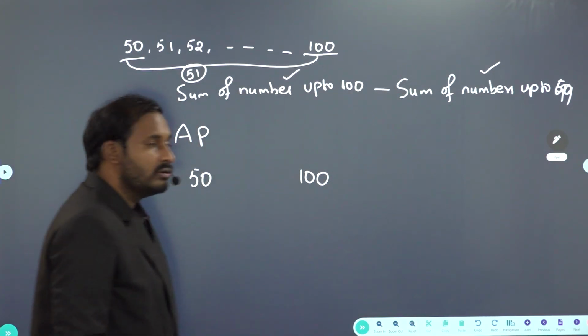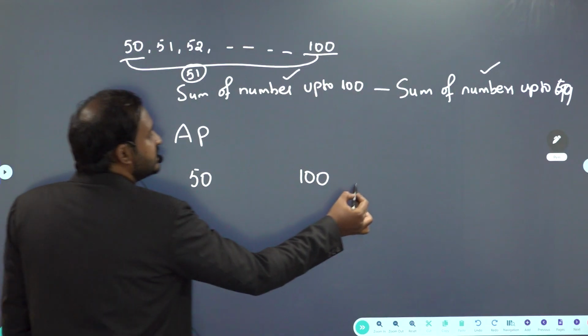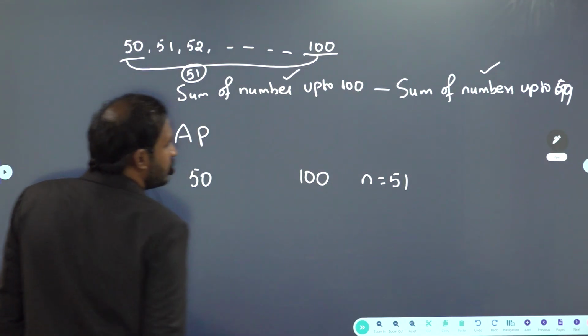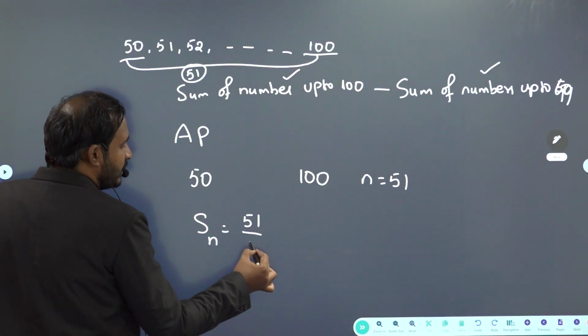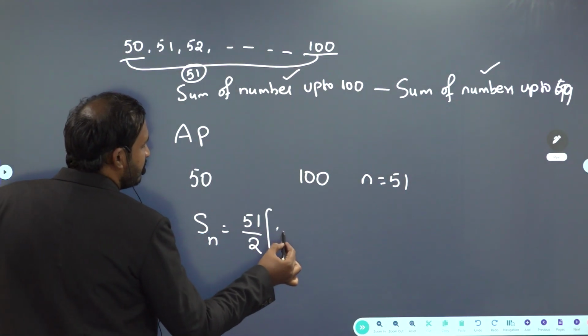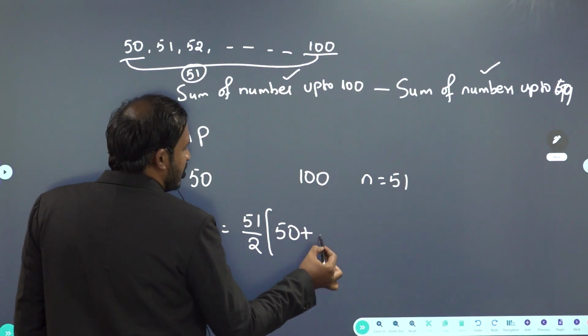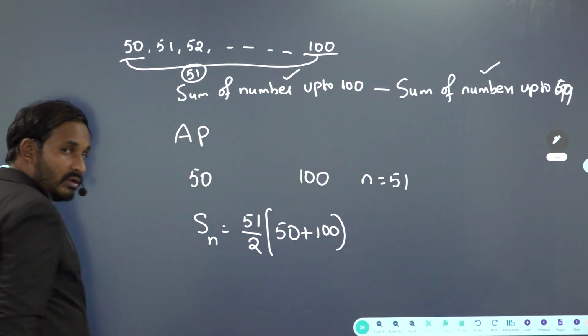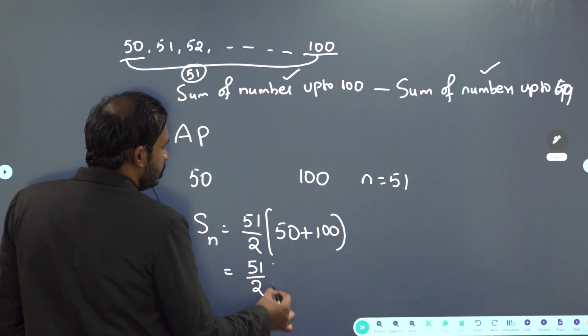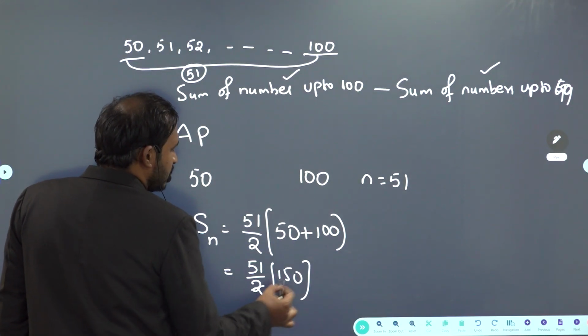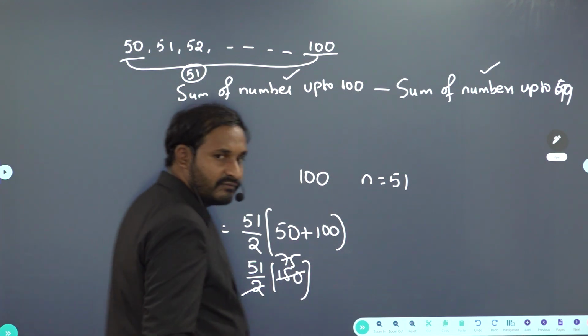So n is 51. What will be my formula? Sum to n terms, n by 2, that is 51 by 2 into the first term 50 plus the last term 100. So 51 by 2 into 150, which gives 3825, and you will write the final answer.